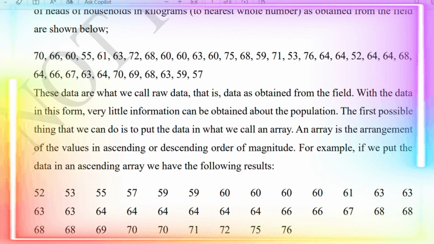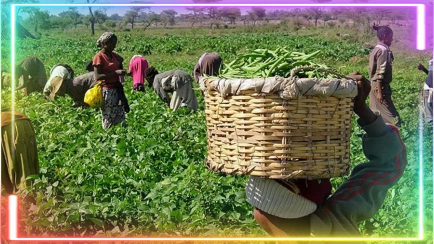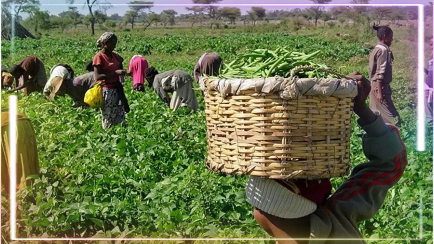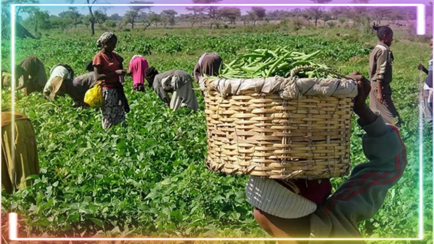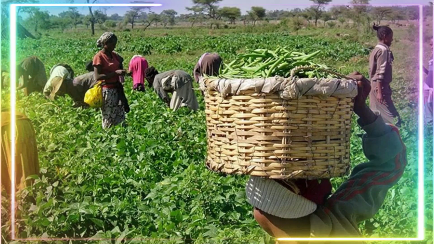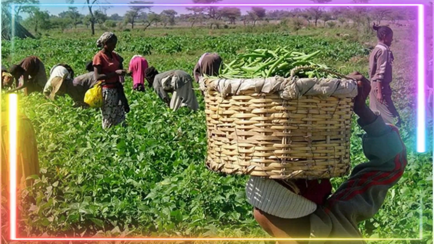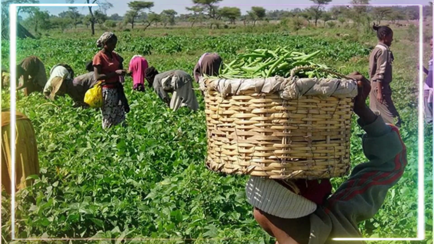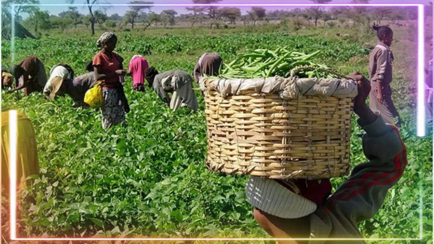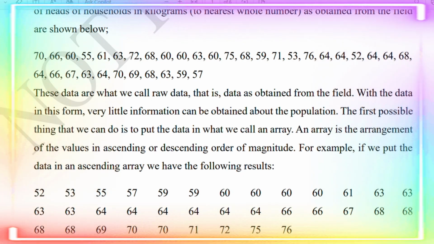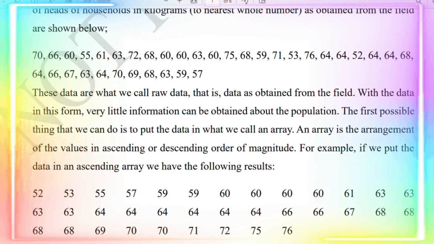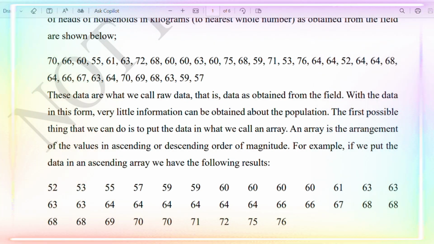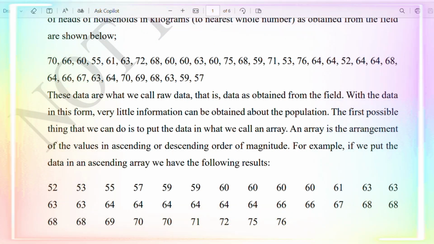So these observations of the data set are what we refer to as the raw data, the data as obtained from the field. With the data in this form, you can only get little or no information from this. For example, you can't easily tell which farmer has the highest weight.